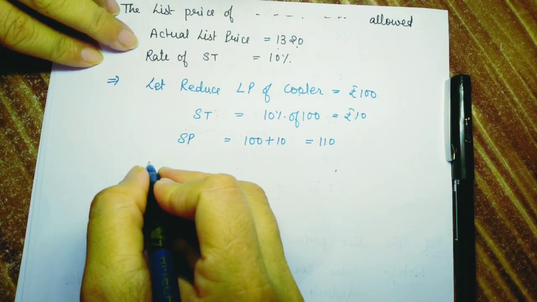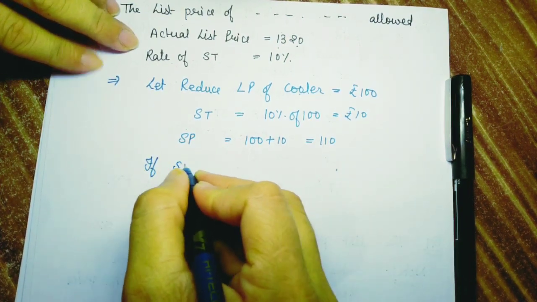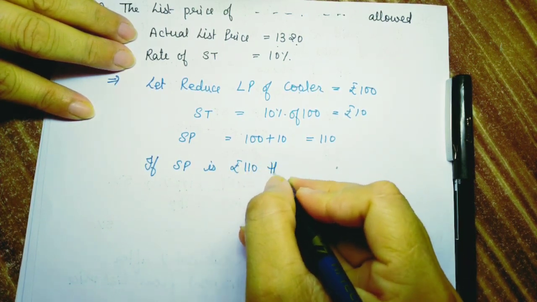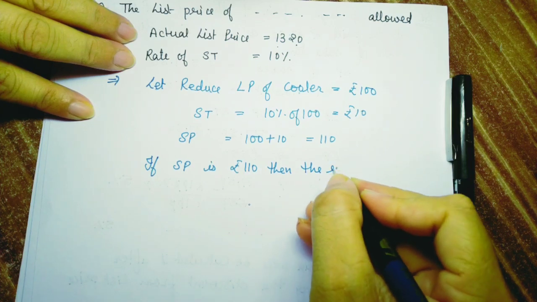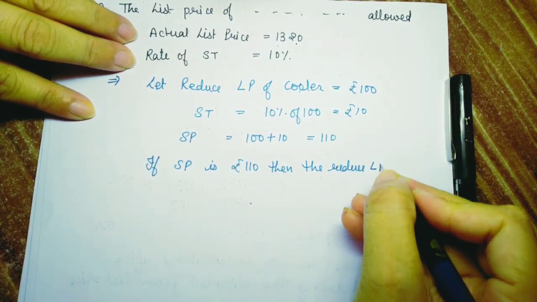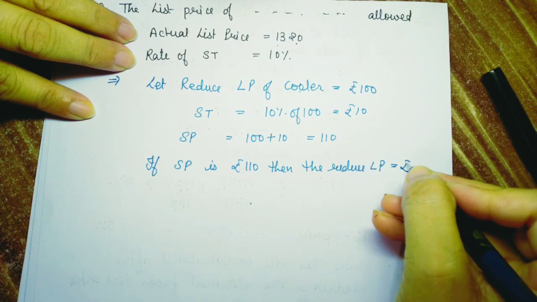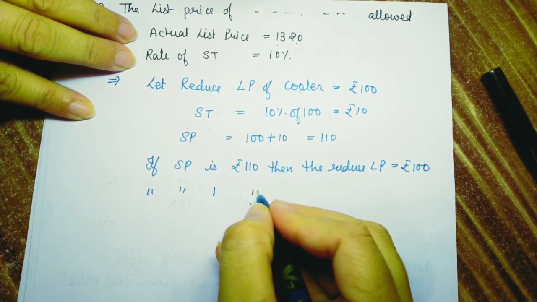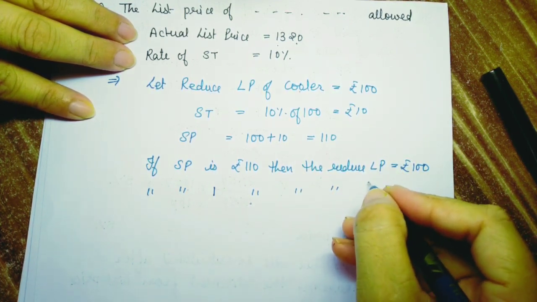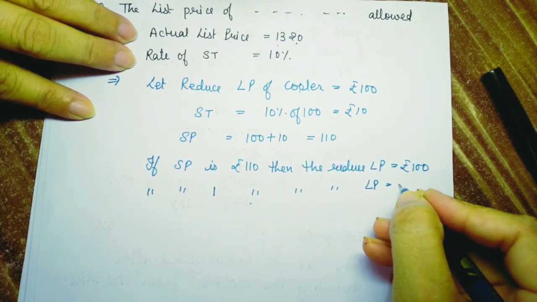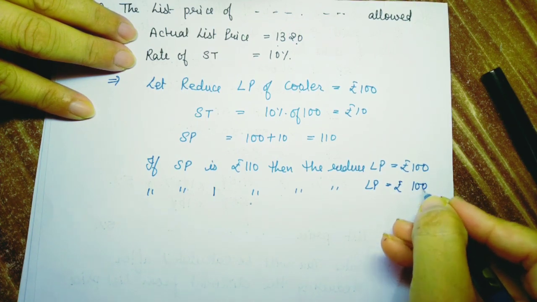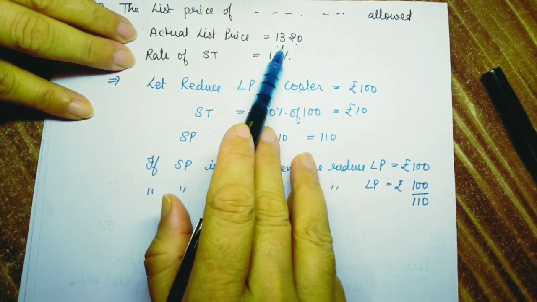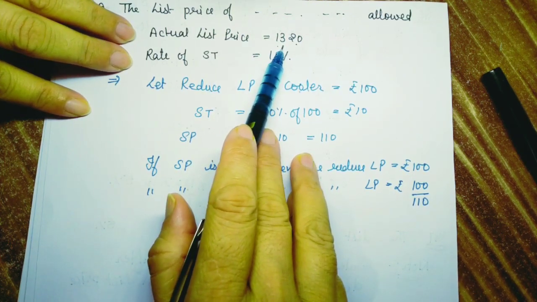Now, students, if the selling price is rupees 110, then the reduced list price is rupees 100, that we assumed. If the selling price is 1, then the reduced list price is rupees 100 upon 110. And the customer told he wants to pay a selling price of only rupees 1320.